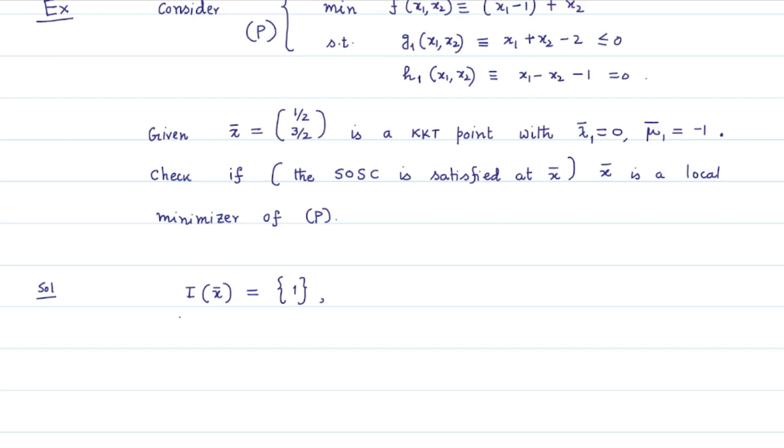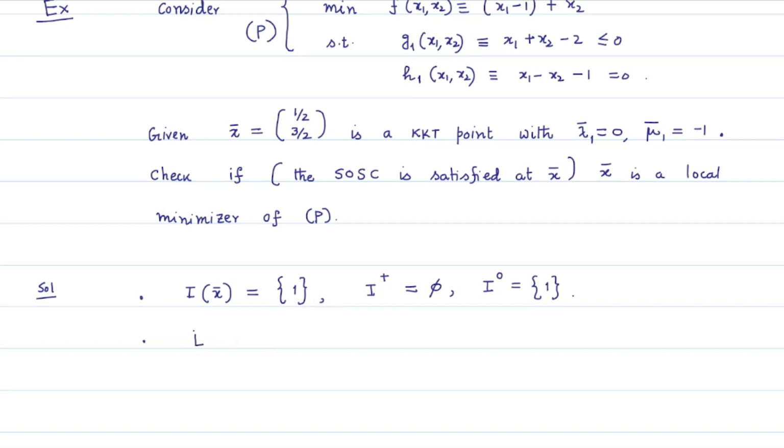For this active set of indices, the strongly active set I plus is equal to the null set, because the associated lambda 1 bar is equal to 0, but the weakly active set of indices is equal to the index 1.